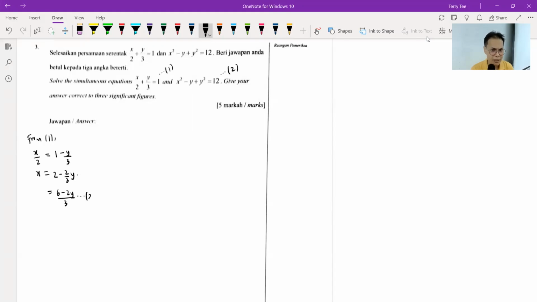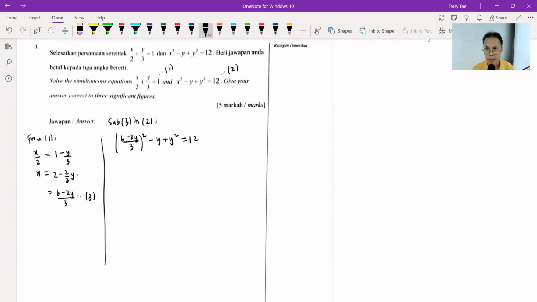Maybe I combine it. Combining it perhaps will be a little bit easier, okay? So we're going to take this equation 3 and substitute inside equation 2. My x is now 6 minus 2y over 3, and I square it, and then you minus your y plus y squared, the result is 12.